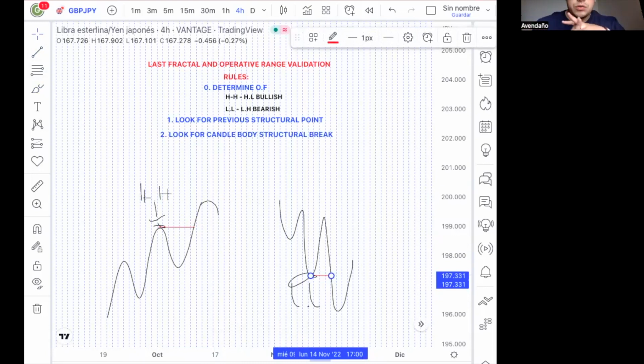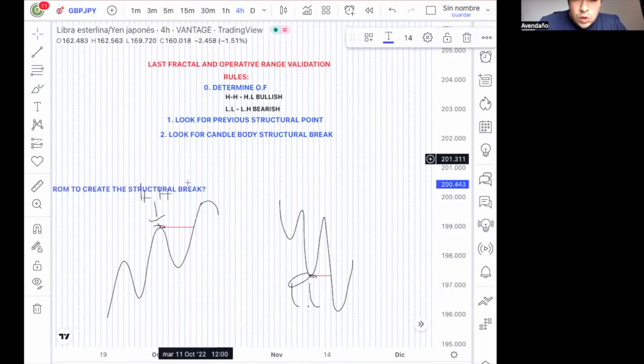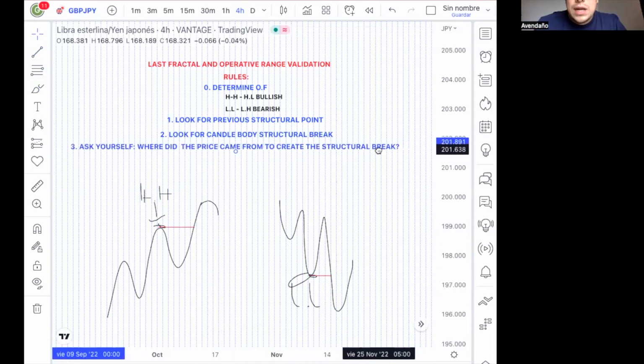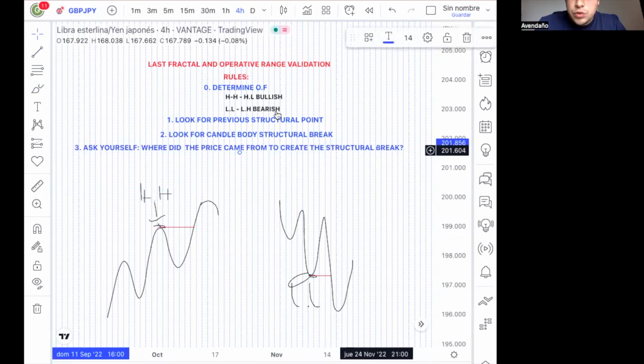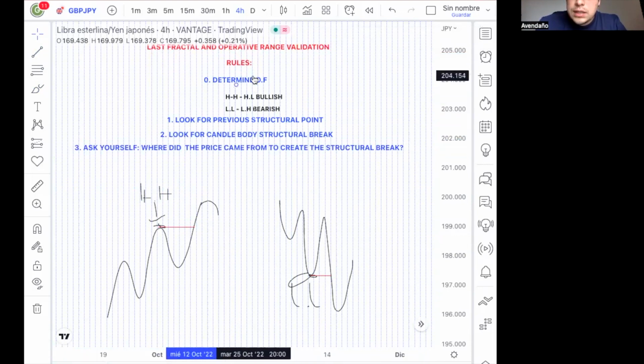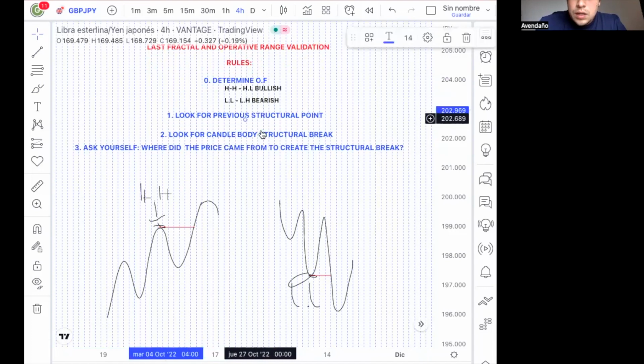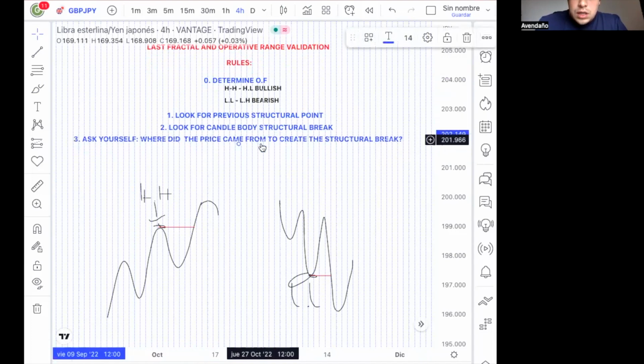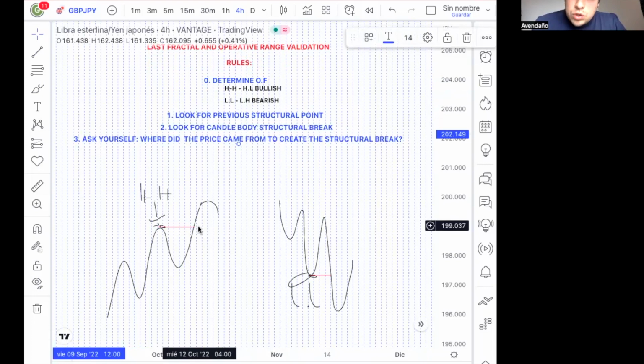Rule number 3 is to ask yourself: where did the price come from to create the structural break? This structural break was created by a previous point. So where did the price come from?